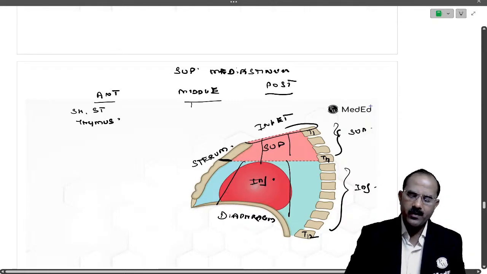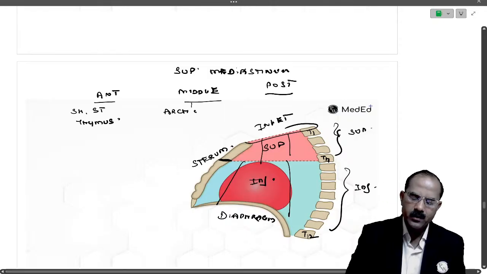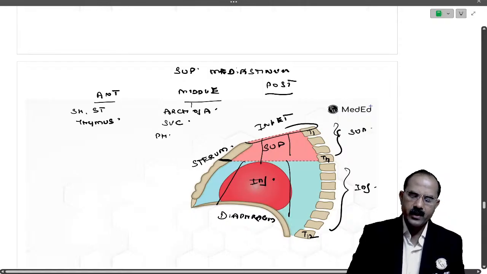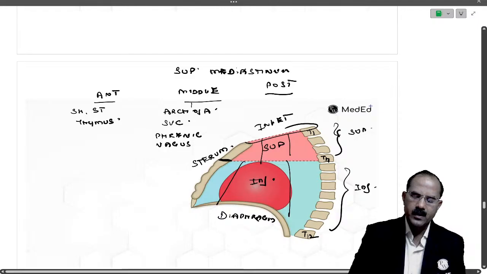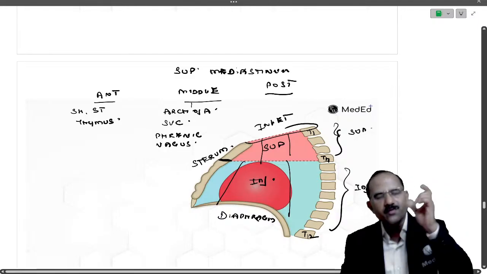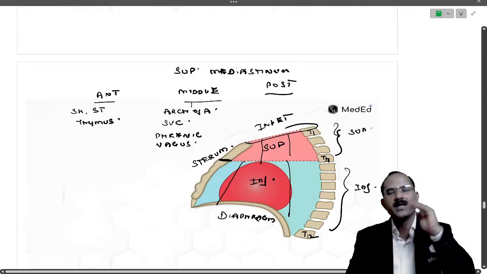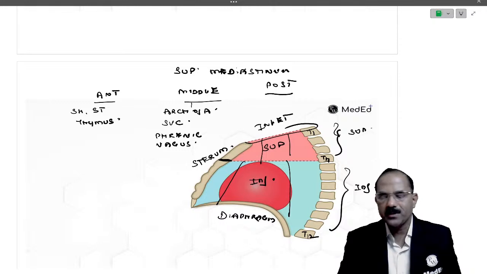In the middle part of the superior mediastinum, what do we get? We get the arch of aorta and its branches, the formation of the SVC, the phrenic nerve, and the vagus nerve. In the posterior part, what do we get?